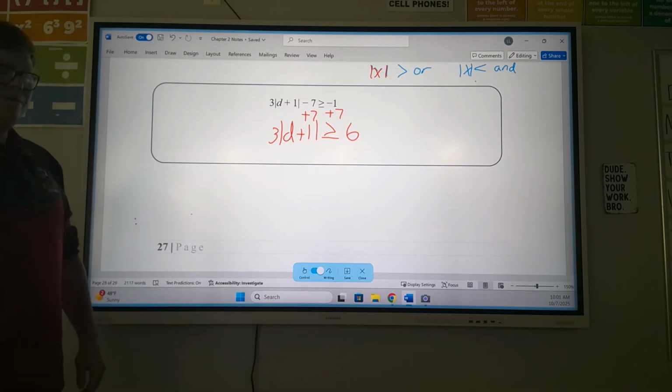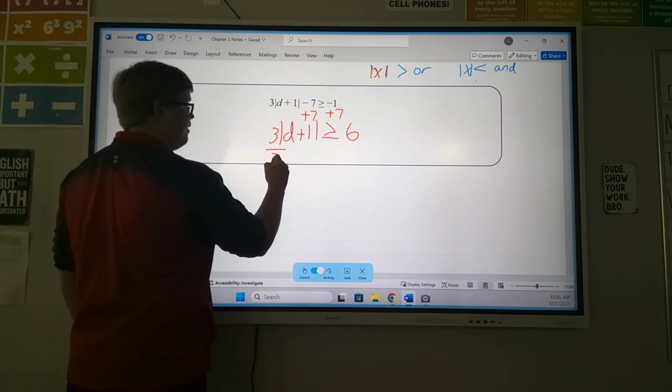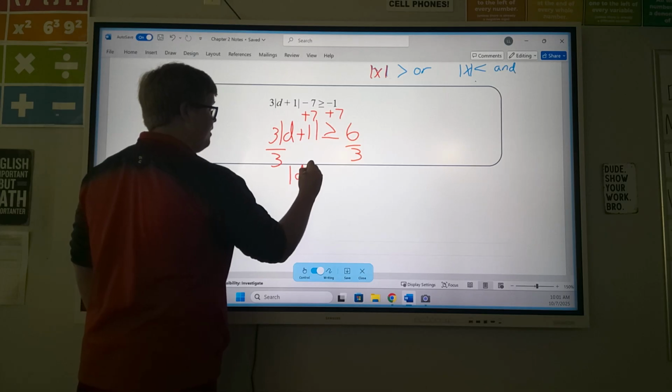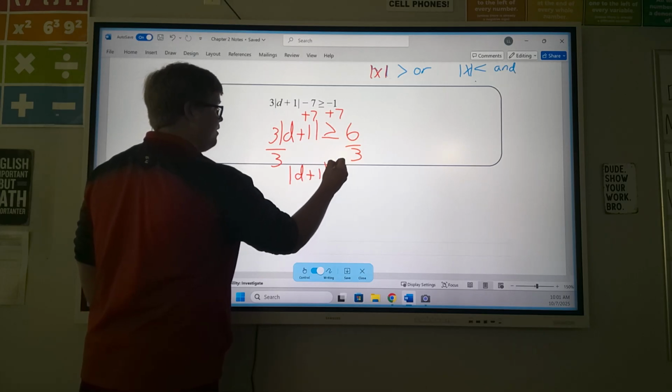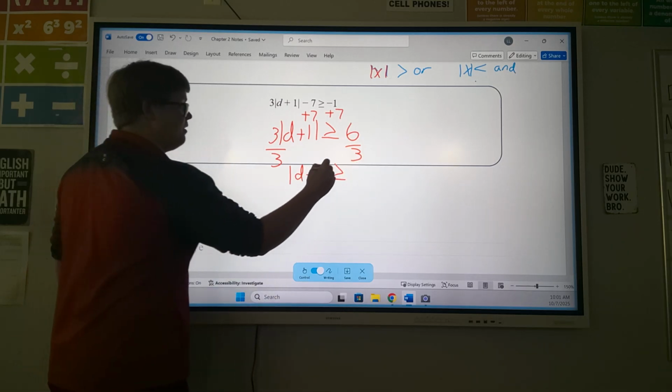Now, in order to get our absolute value by itself, we need to divide by 3. So now we have the absolute value of D plus 1 is greater than or equal to 6 divided by 3, which is 2.